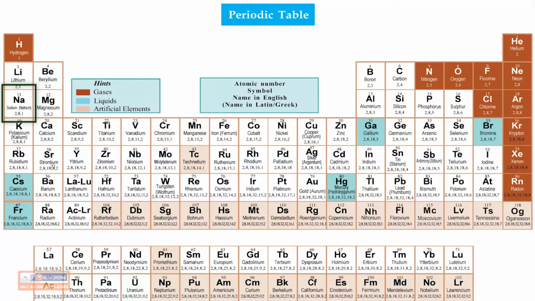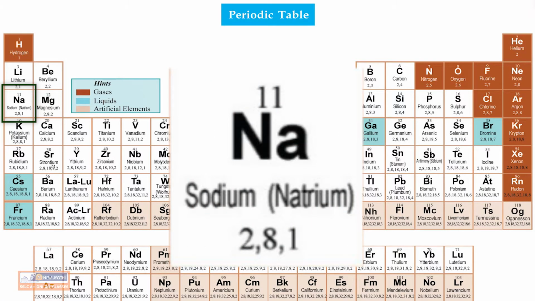Okay, we understand that atomic number is the basis of the modern periodic table. Then why is an element placed in a particular position in the periodic table? Let us look at the position of sodium in the periodic table.